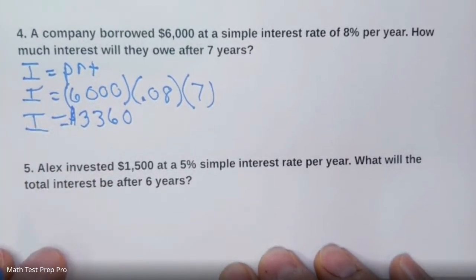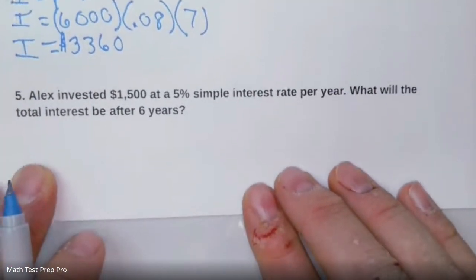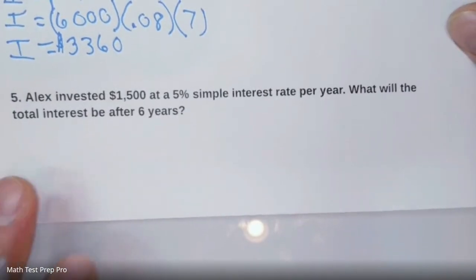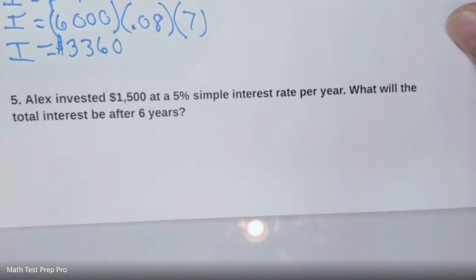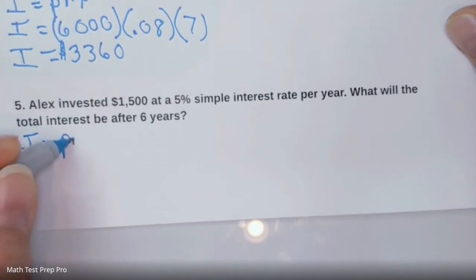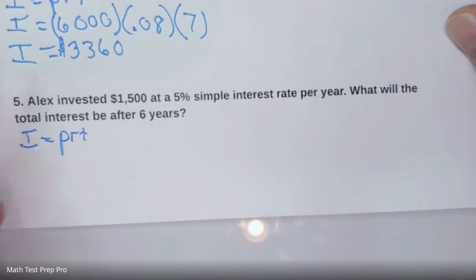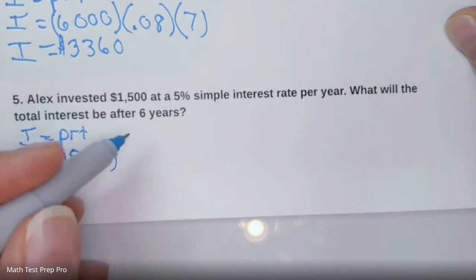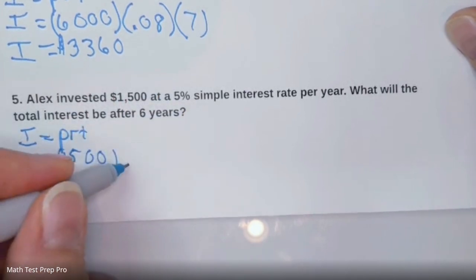All right, last problem. Alex invested $1,500 at a 5% simple interest rate per year. What will the total interest be after 6 years? I equals PRT. Interest equals the principal, which is 1,500, times the interest rate, 0.05.